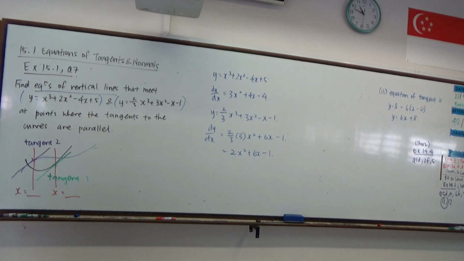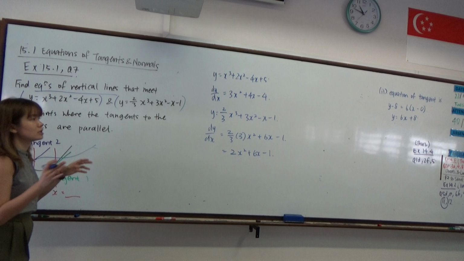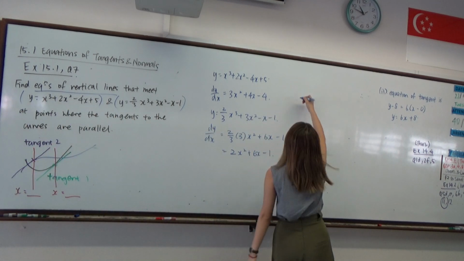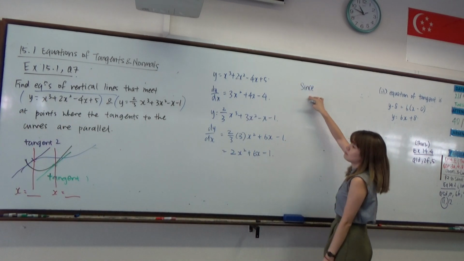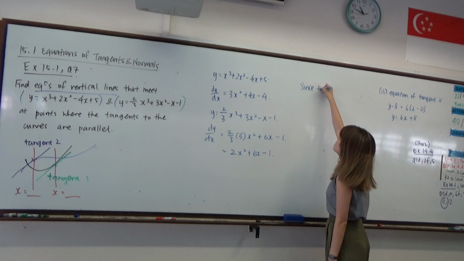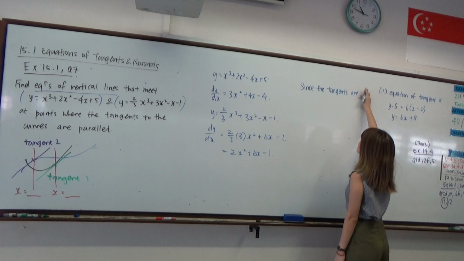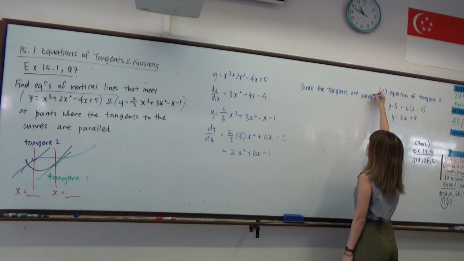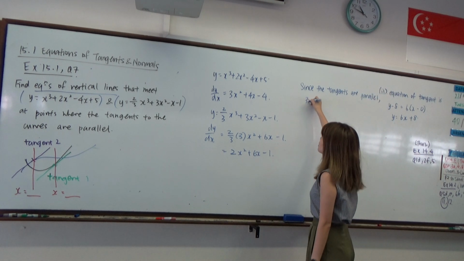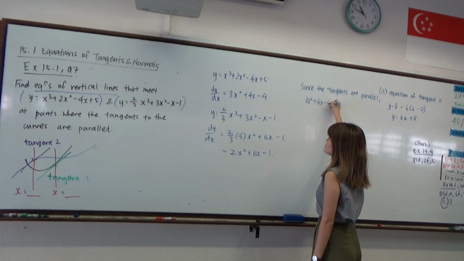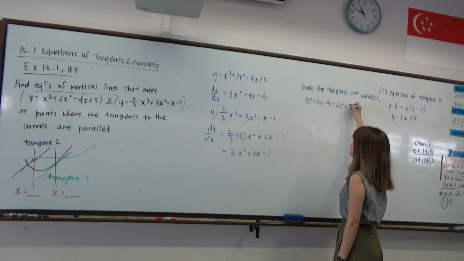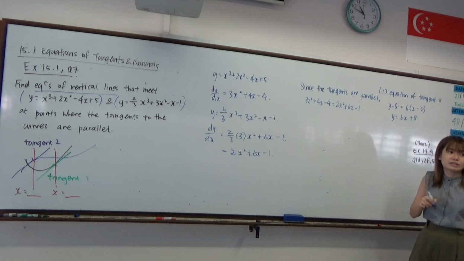Essentially we're looking at two different gradients. Now since we know that they are parallel, it means that the gradients must be the same. So let me just state it down. Since the tangents are parallel, you can equate the two derivatives.